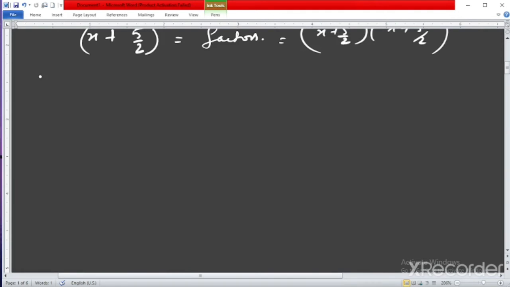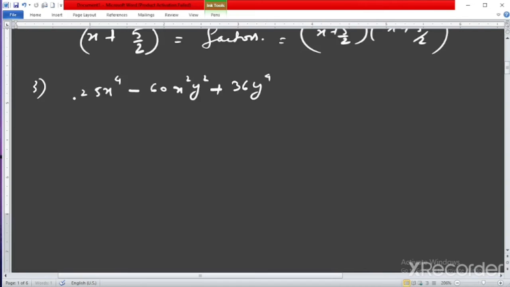Okay, say third question, let me take. Suppose we take another example. If you are given 25x to the power 4 minus 60x square y square plus 36y to the power 4, you have to check whether this given expression is a perfect trinomial square or not.